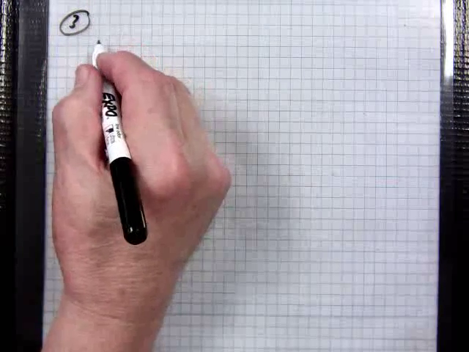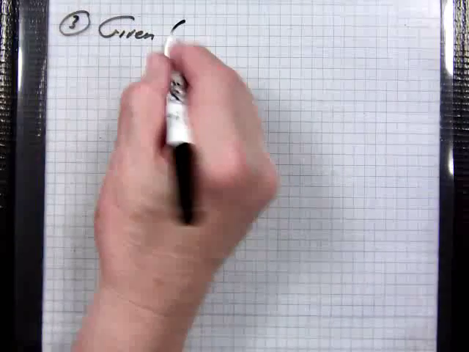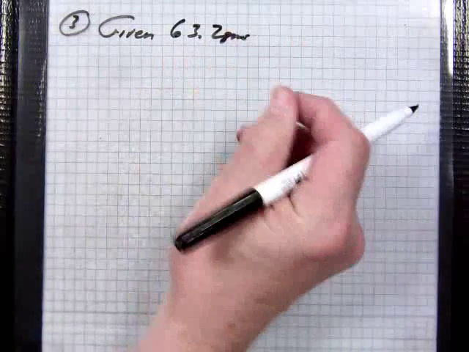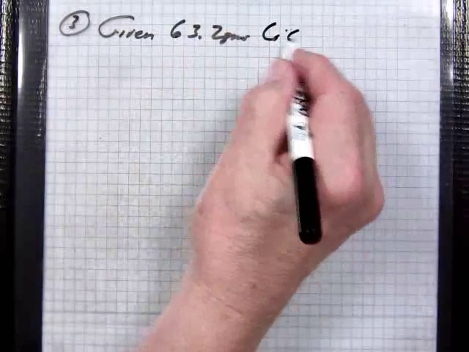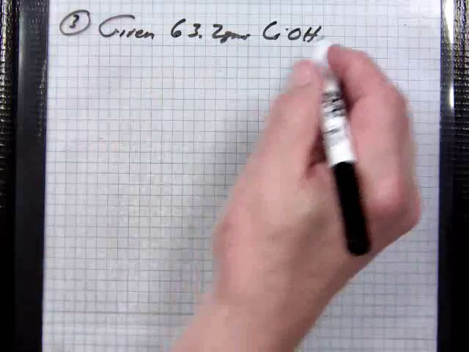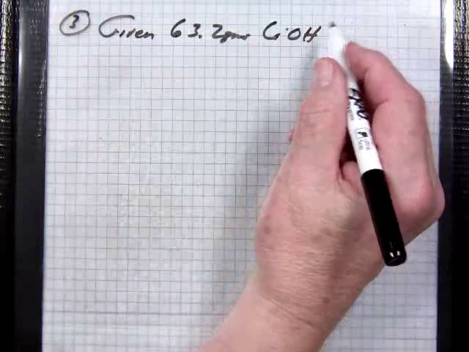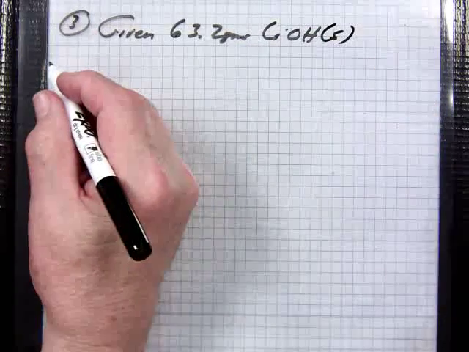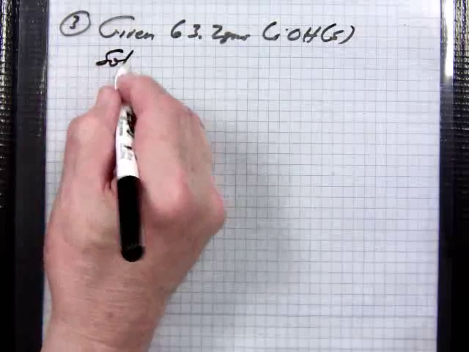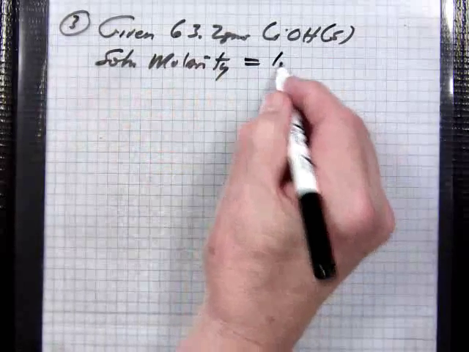Okay, so number 3 here is, say you're given 63.2 grams of lithium hydroxide, okay, and assume 100% purity. Lithium hydroxide, so that's a solid, and the solution molarity is equal to 1.55 molar.